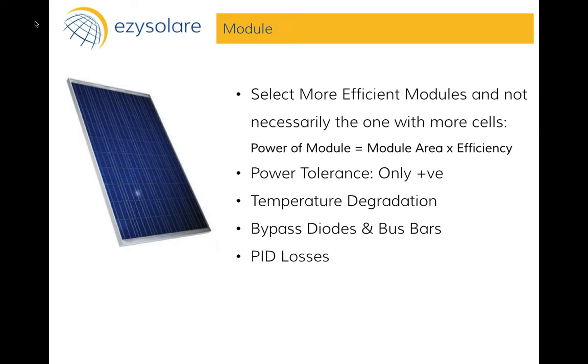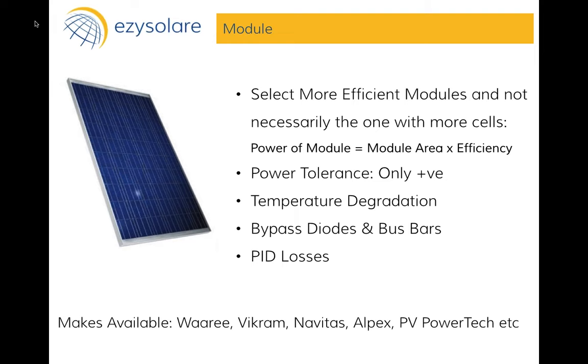Moving on. As far as modules are concerned, there are a couple of very straightforward factors while selecting the module. The first common misconception that we have seen among system integrators is that people usually think that the more the number of cells or the larger the module size, the costlier and better it is.